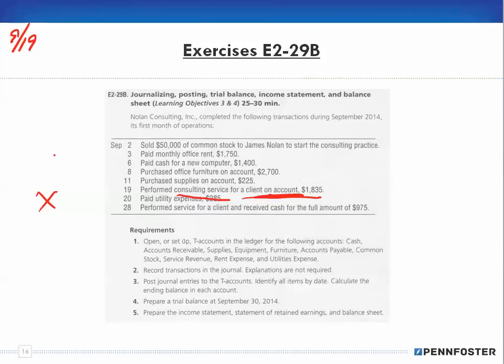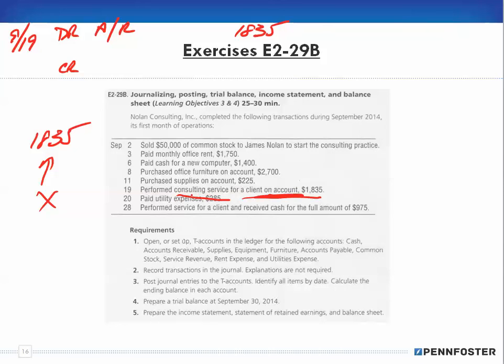Did my accounts receivable go up or down? It went up because now I'm owed $1,835 more. Remember, accounts receivable, you treat it the same way as cash because both are assets. So when my accounts receivable increases, I debit my accounts receivable for $1,835 and I credit something else.